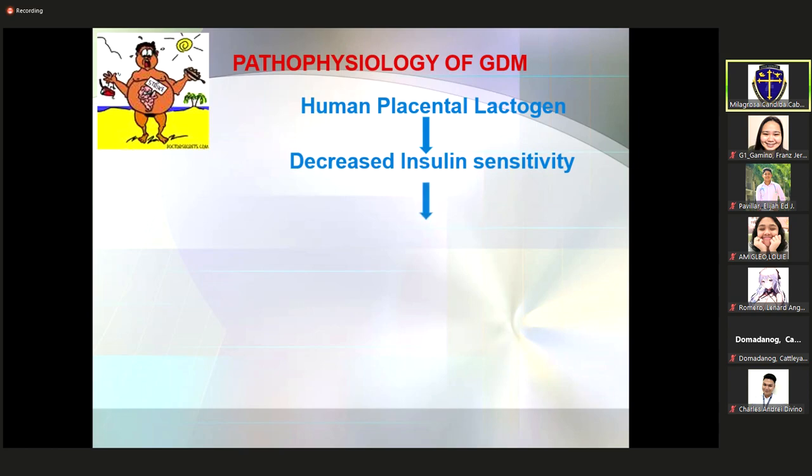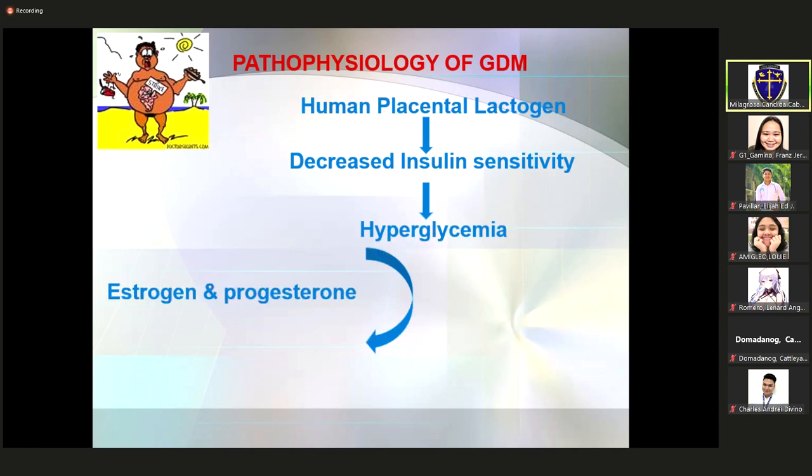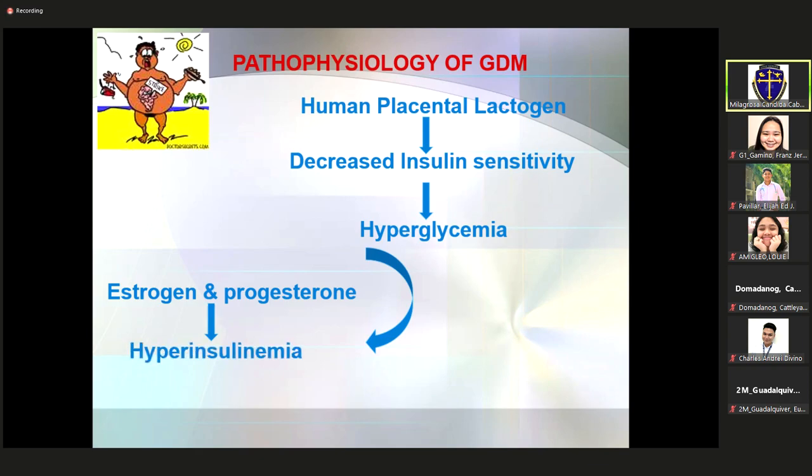Okay, if there would be decrease in insulin sensitivity, definitely the mother would experience hyperglycemia or increase in the blood sugar level. Okay, and after that, together with the hormones of pregnancy, estrogen and progesterone, there would be an increase in the insulin production. Why? Because insulin is not used to dissolve the sugar level in the body.